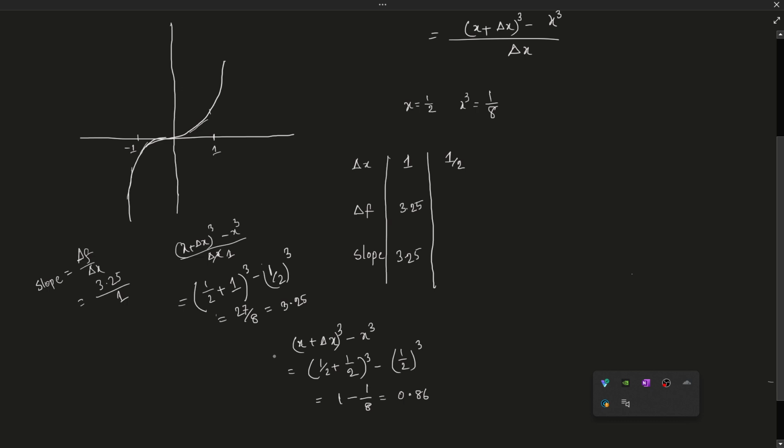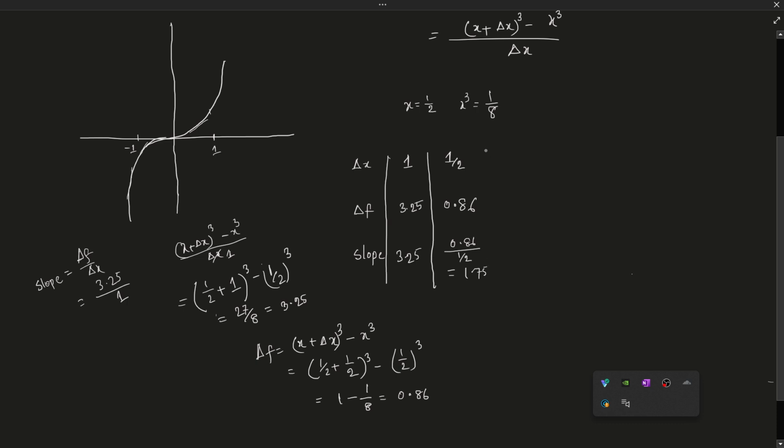So del f will be 0.86, and our slope will be del f by del x.